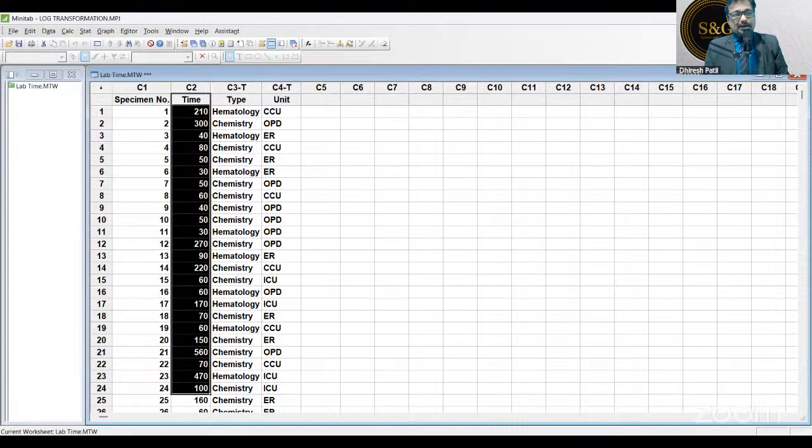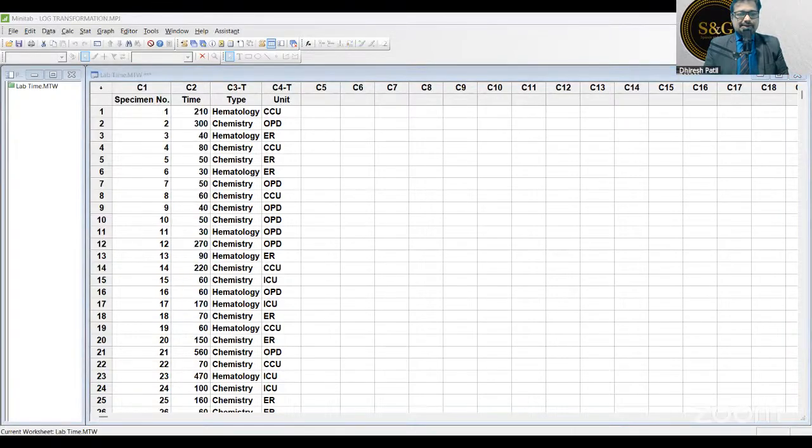Either select specimen number or select 1. That's it. Just put 1 or select specimen number. Okay. Everybody got this? Just give me yes. Paste it in the chat quickly.